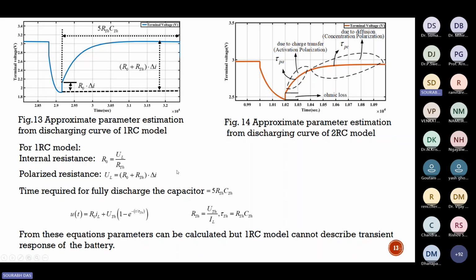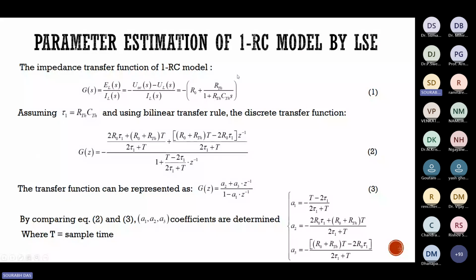So what we can see that we cannot estimate or directly tell about the parameters of the battery. So we have to estimate using different techniques. So here I am using the least square estimation method to estimate the parameter of the 1RC model.